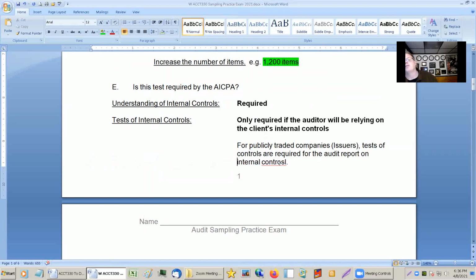Hey, that's not how you spell controls. For publicly traded companies, issuers, test of controls are required for the audit report on internal controls. So publicly traded companies actually have two audit reports, one for the financial statements and one for the internal controls. So if you are doing a publicly traded company, they are required. If it's not publicly traded, non-issuers, they're not required.